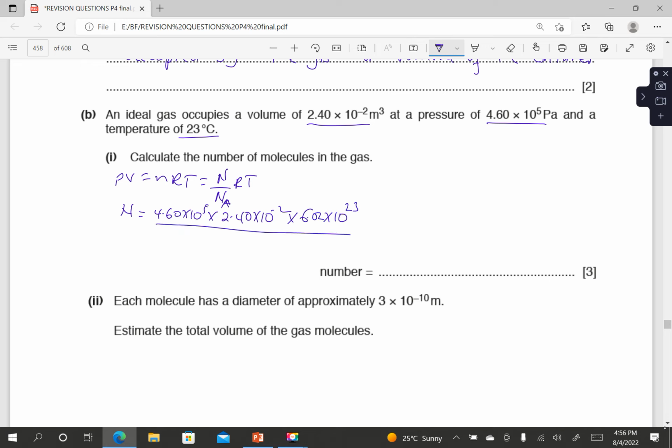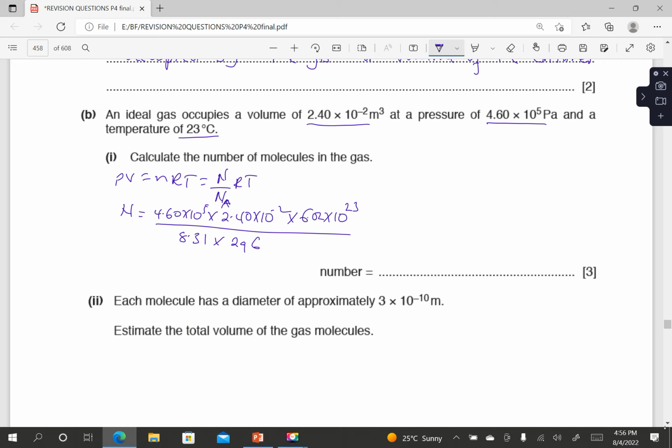Divide by RT. R is 8.31 times temperature, 23 plus 273, which gives us 296. So this is 296.